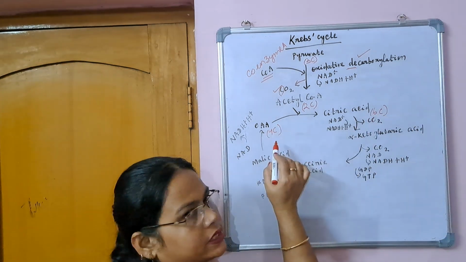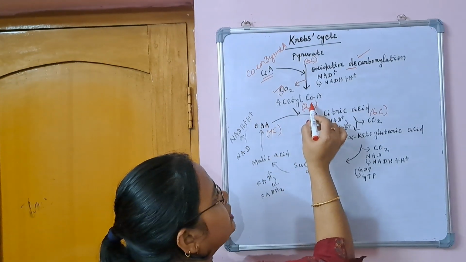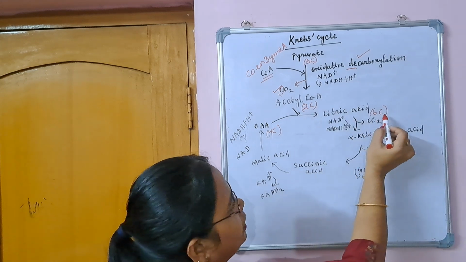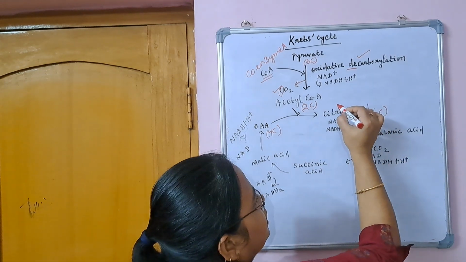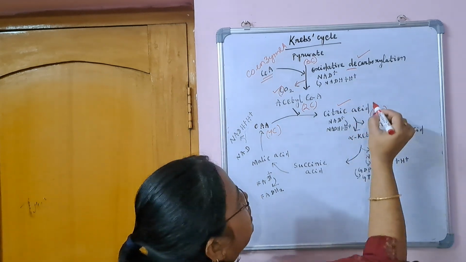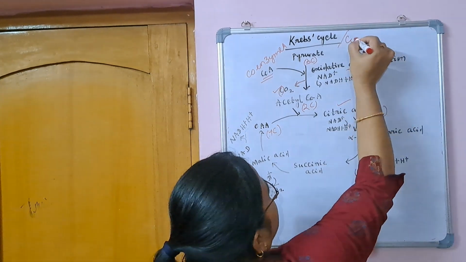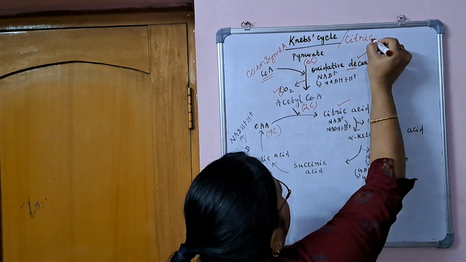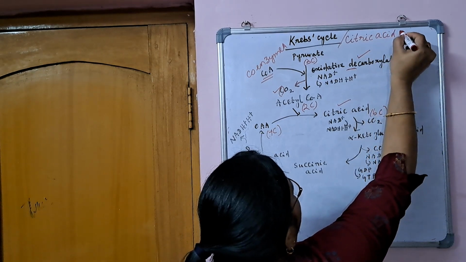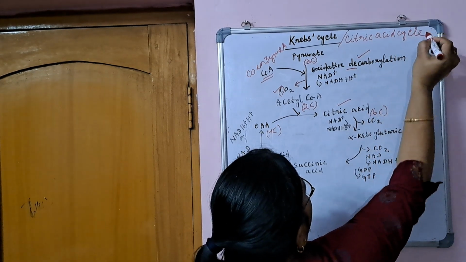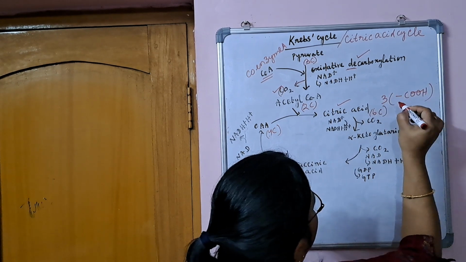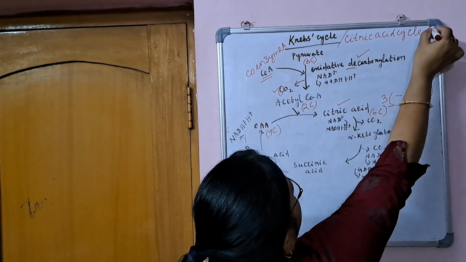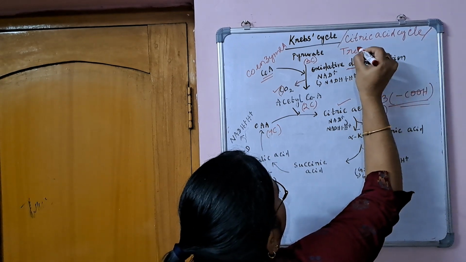Here oxaloacetic acid is 4-carbon, acetyl coenzyme A is a 2-carbon compound, and together that will be a 6-carbon compound. As the first stable product here is citric acid, this cycle is also called the citric acid cycle. And here in the citric acid, 3 carboxylic groups are there. So it is also called the tricarboxylic acid cycle.